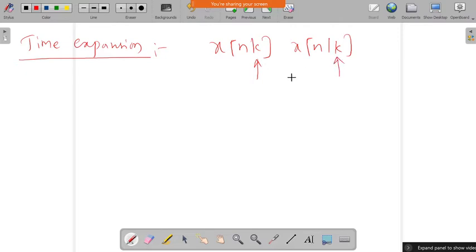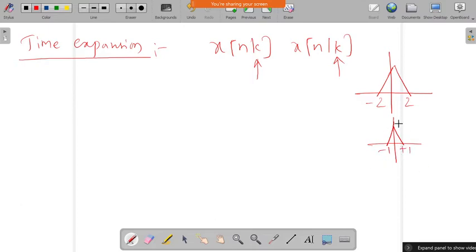So, for time expansion and compression, we have known the signal. If it is nk, it is going to compress. Like this, if it is minus 2 to plus 2 and the k value is 2, then it will give a compression between minus 1 to plus 1.